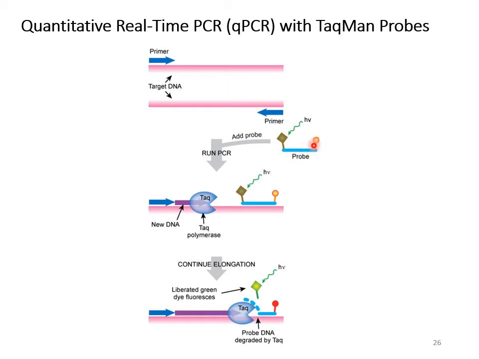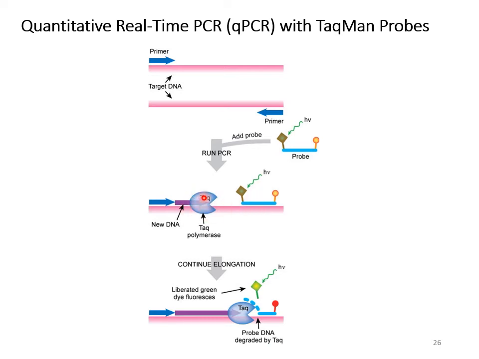So when the quencher is near the fluorophore on this TaqMan probe, the quencher blocks fluorescence. What then happens is this TaqMan probe, it's a single-stranded piece of DNA that binds in the PCR to the target DNA that's getting amplified.